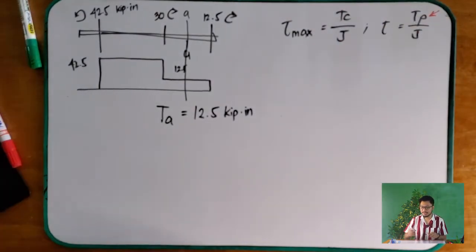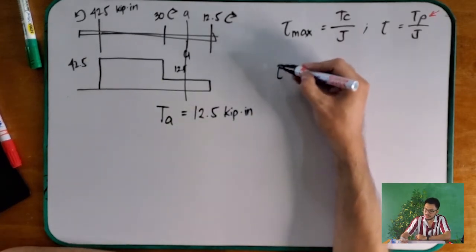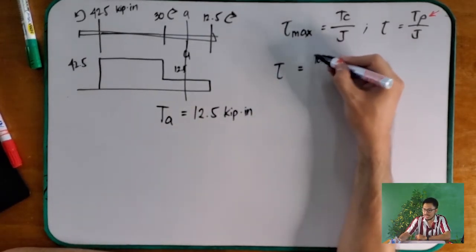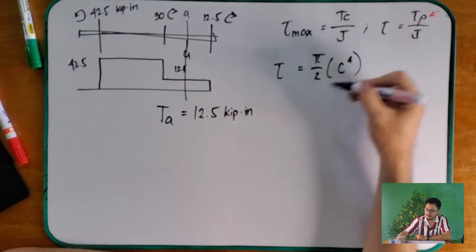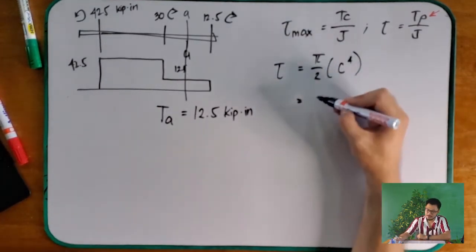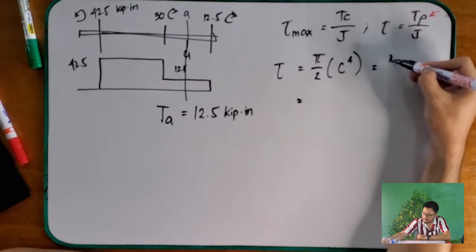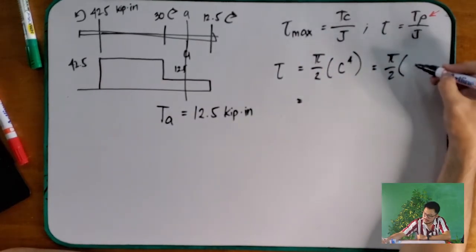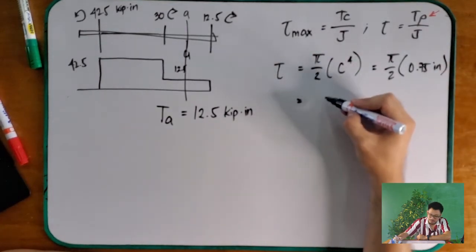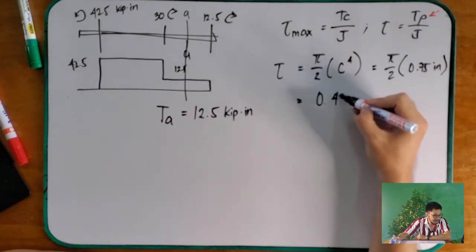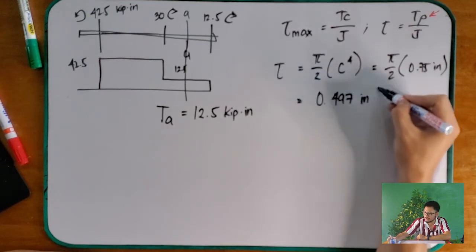So, we still don't know our J. So, we have to look for our J. Polar moment of inertia is equal to pi over 2 times C to the 4. And then, this one is equal to pi over 2 times 0.75 inch, which is equal to 0.497 inches to the 4th power.